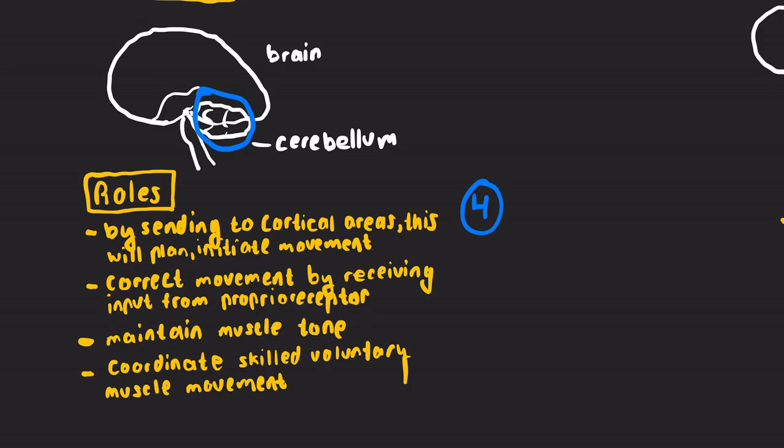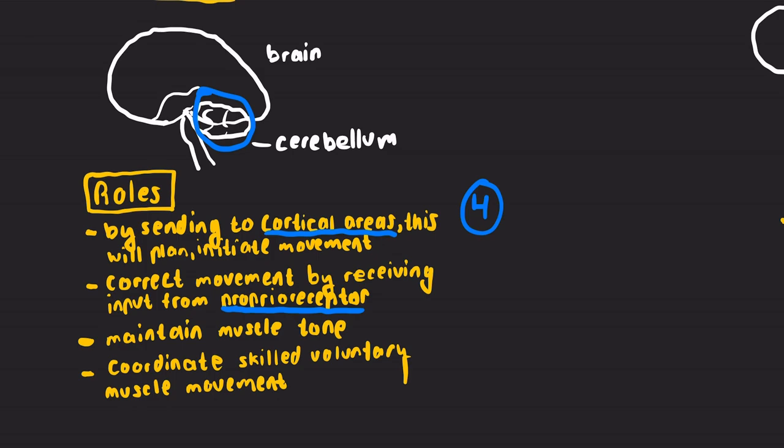So before we move a muscle or move a hand or whatsoever, it has to send signals to the cortical areas. This will also help correct movements by receiving inputs from the proprioceptors. So, let's say you want to move a muscle and it is moving in a wrong way.